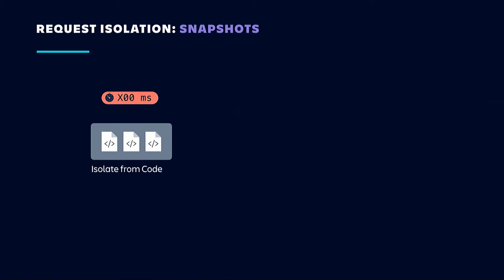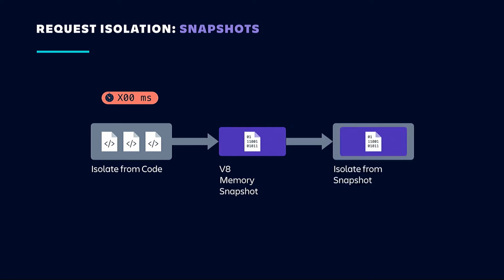Another feature of isolates is helping us here, and that is the ability to take memory snapshots of an isolate. So we can do this first step once. We take your JavaScript code, put it in an isolate, it gets parsed, globals get executed, and we take a snapshot. Once that's done, on every request we can create a new isolate and put the snapshot in it, and that is an operation that takes single-digit milliseconds, not two or three digits.